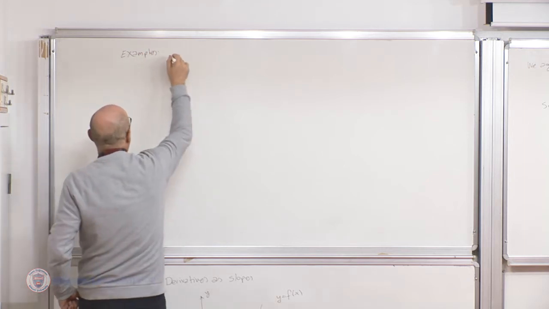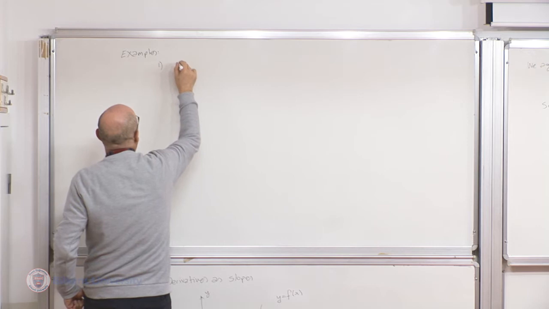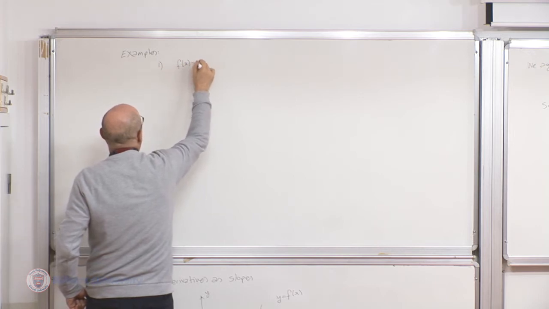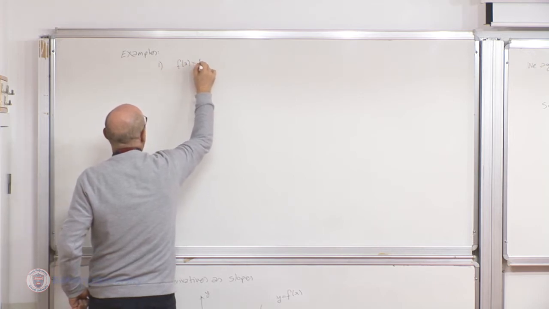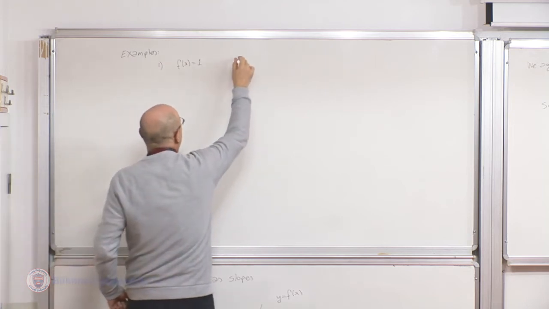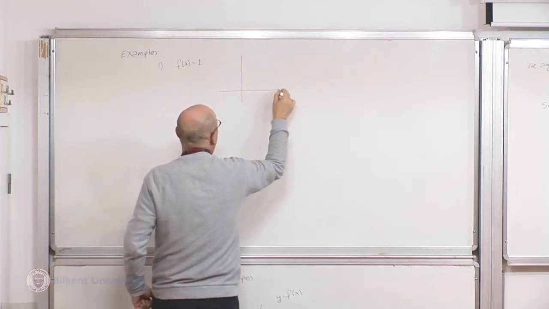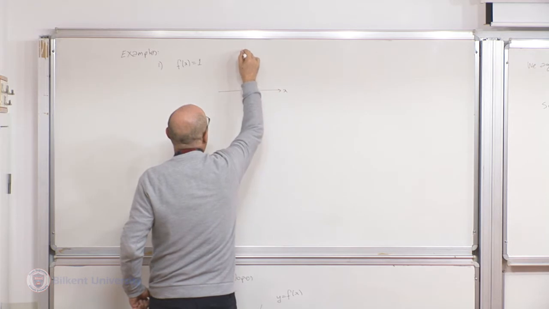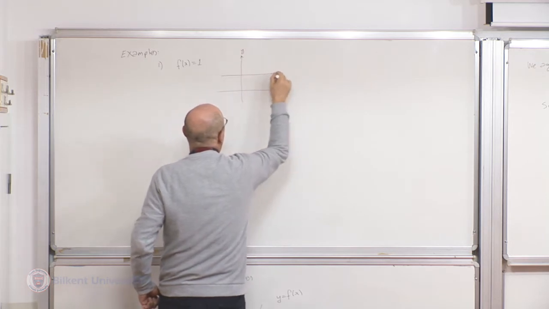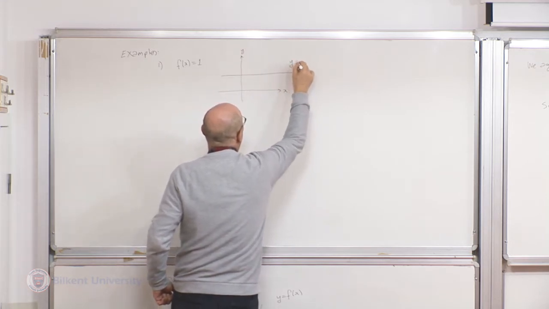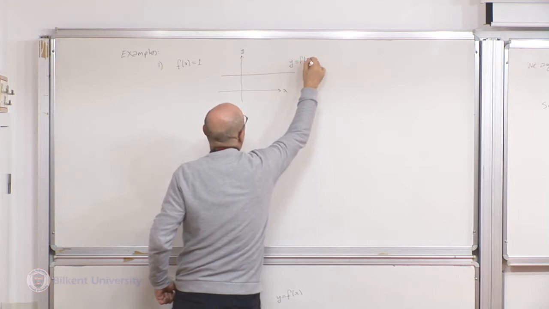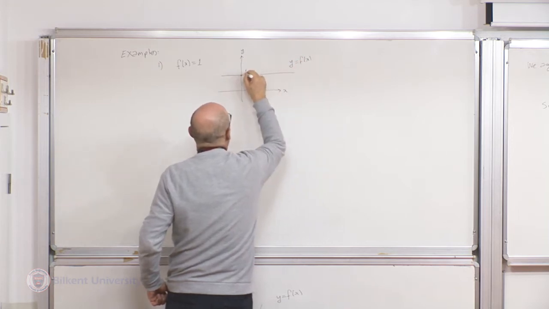Suppose f of x is equal to 1. So the graph is something like this. This is y equals f of x, which is equal to 1.